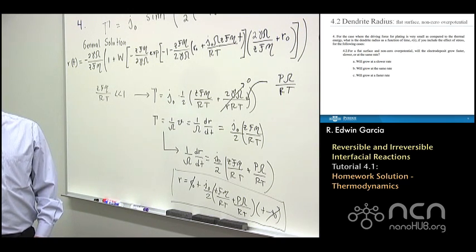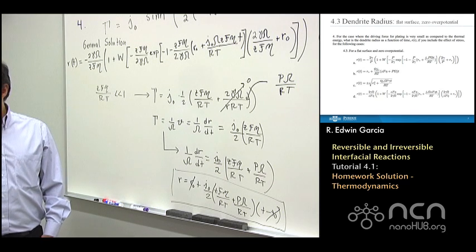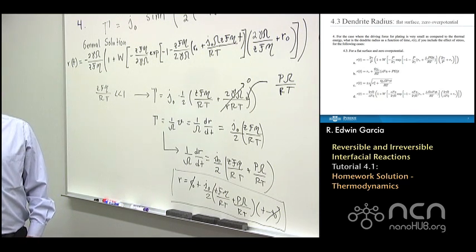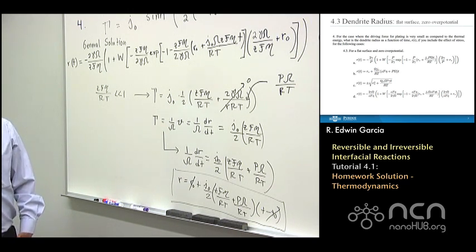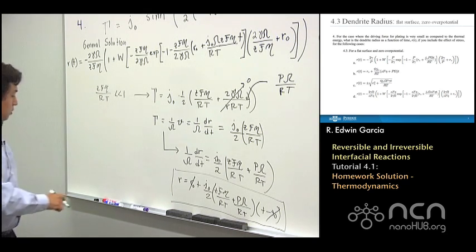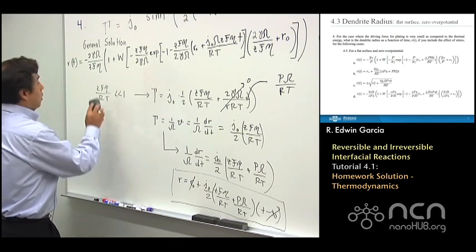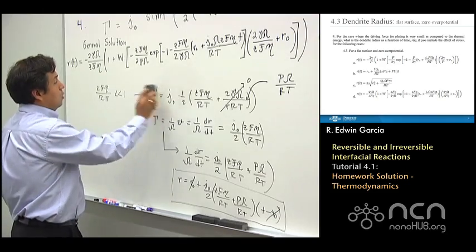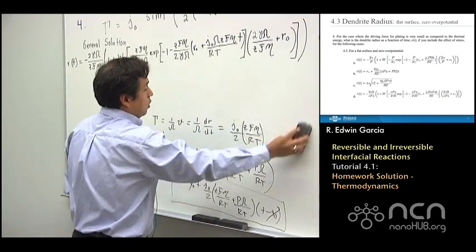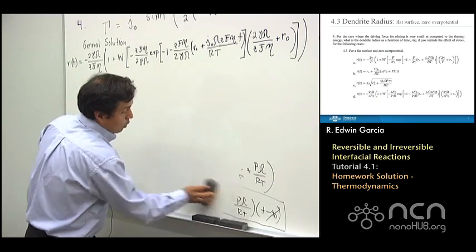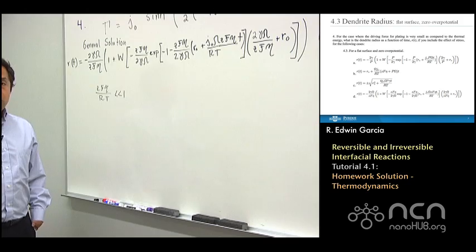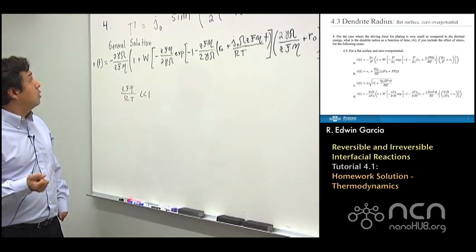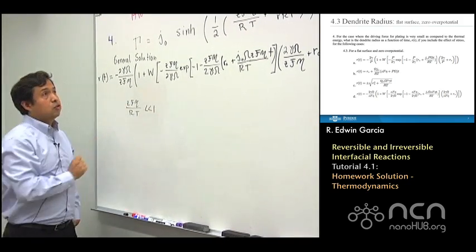Now we can go to question 4.3. It says, for a flat surface and zero overpotential, what would be the growth rate in this case? Let me erase this bit. This situation still applies, so I'm going to revert here. When we have zero stress and a non-zero overpotential, we have to refer to the general solution.